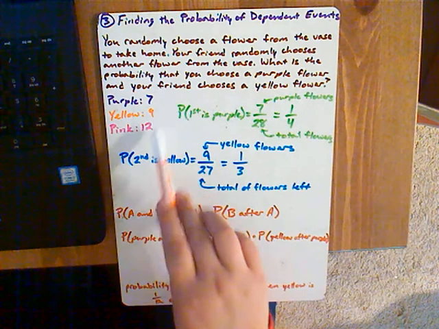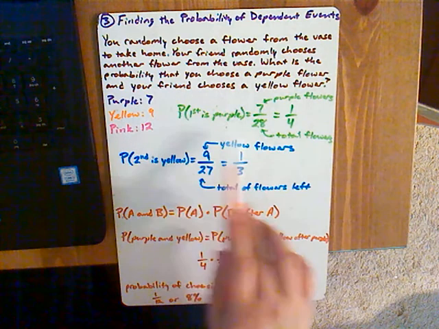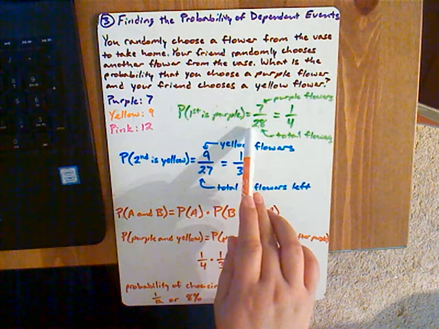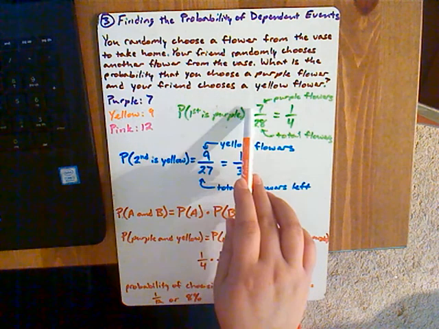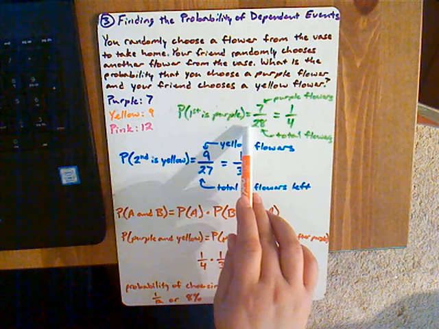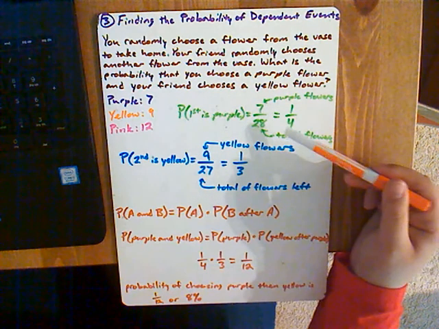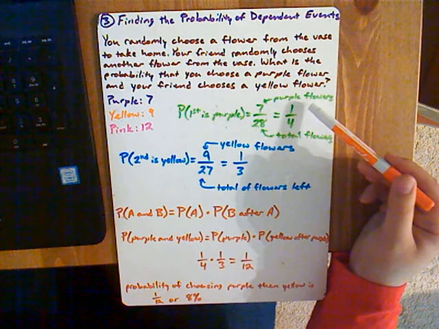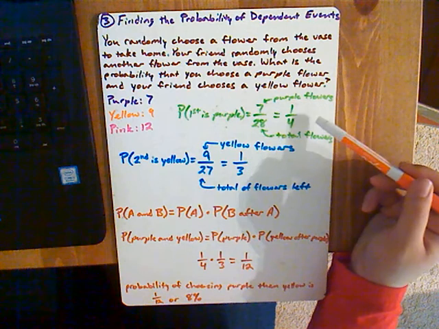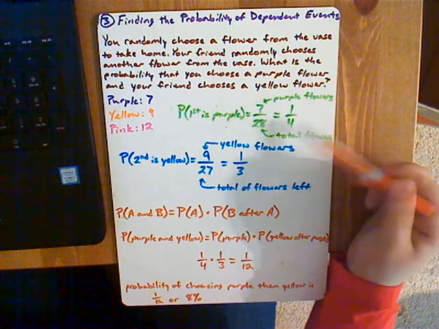When we add 12 plus 9 plus 7, that gives us a total of 28. So there are 7 purple flowers and 28 flowers total, so our probability is 7 over 28. When we reduce that, that gives us a probability of 1 over 4. And that's the probability of event A.